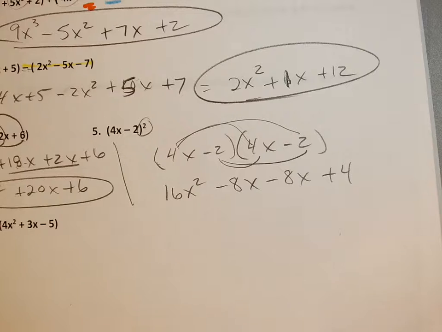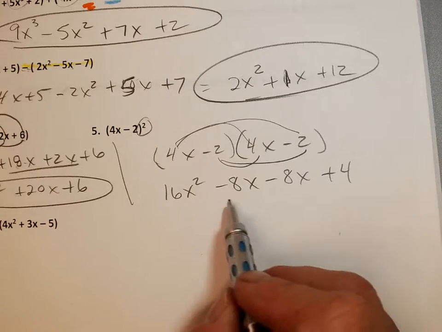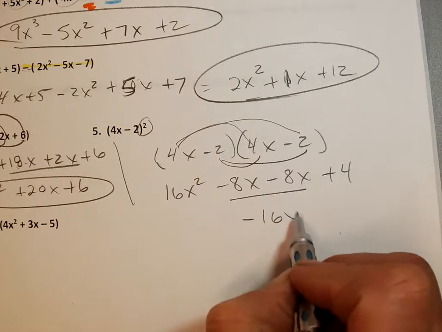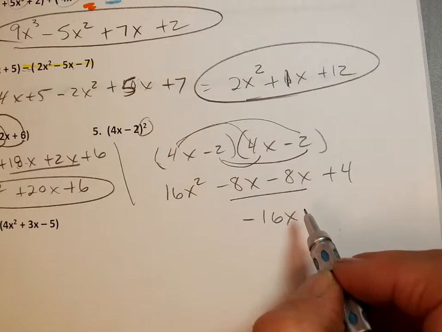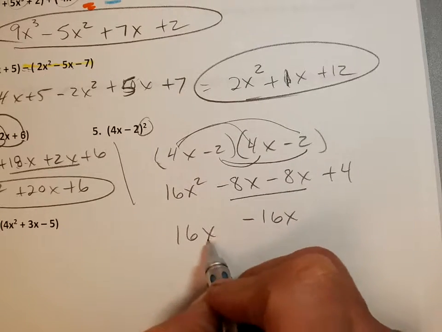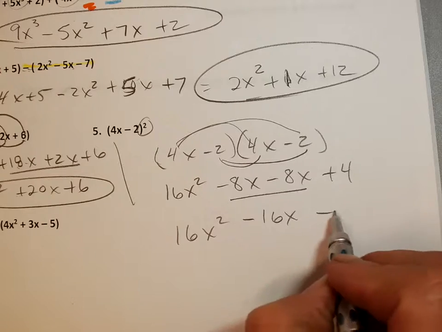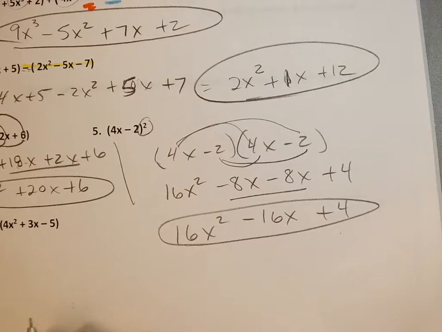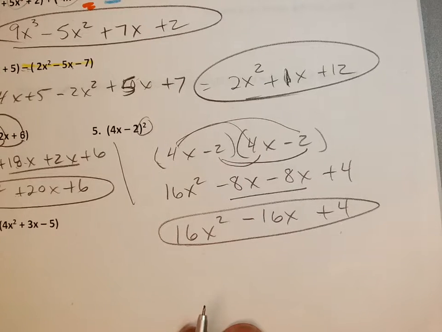How am I doing? Am I going slowly enough? If I get going too fast, will you tell me, please? Okay. Combine the two middle terms, which makes a negative 16x. So my answer is 16x squared minus 16x plus 4. Thumbs up.